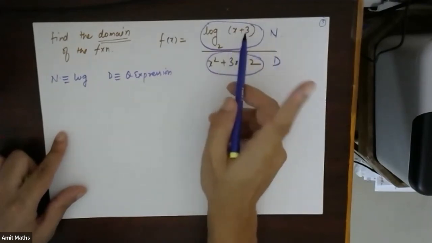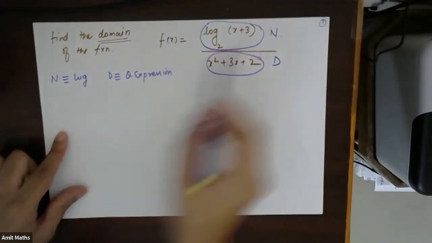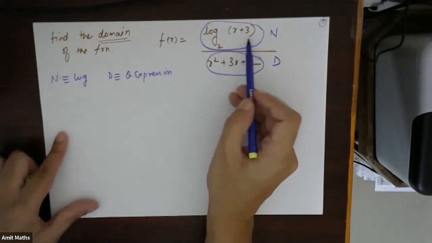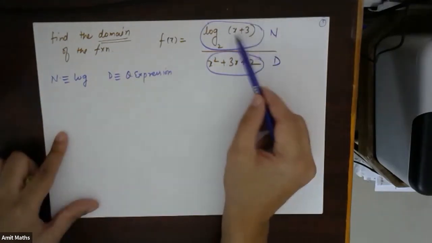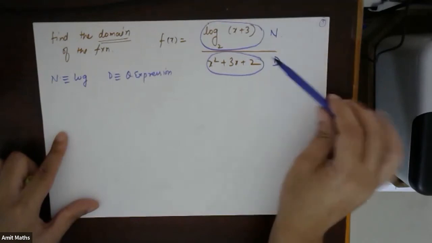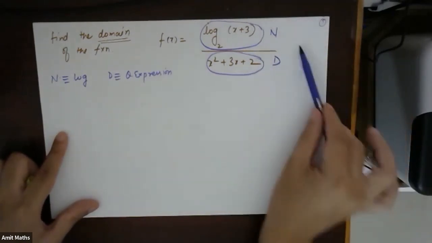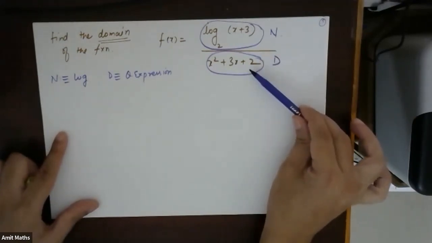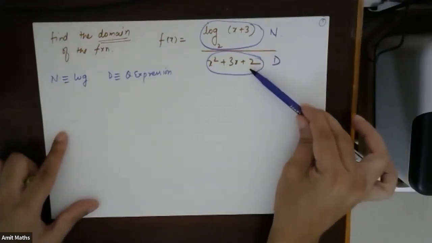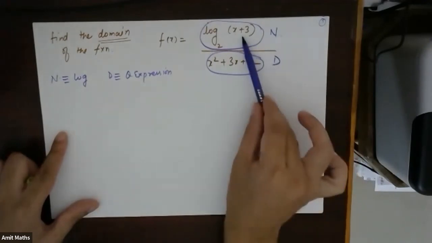Now, is it defined? That is not defined for log, because whatever is inside should be positive. So when the function cannot take a value for the numerator, there is no point of checking for that value in the denominator. Similarly, if there are some values which the denominator cannot take, we need not check those values for the numerator.